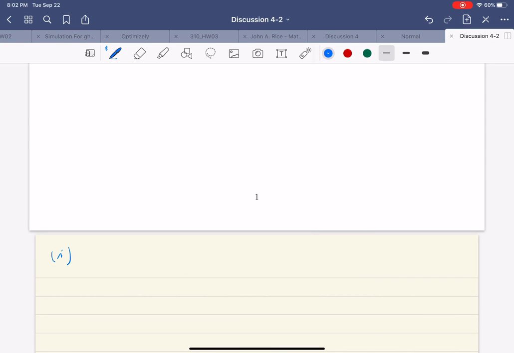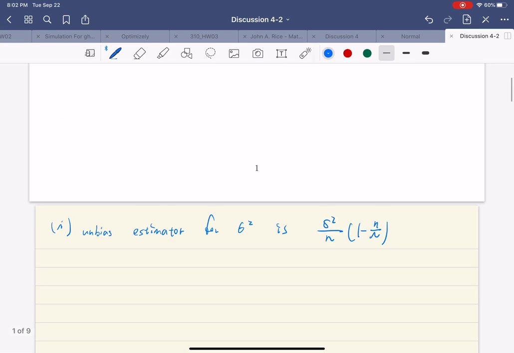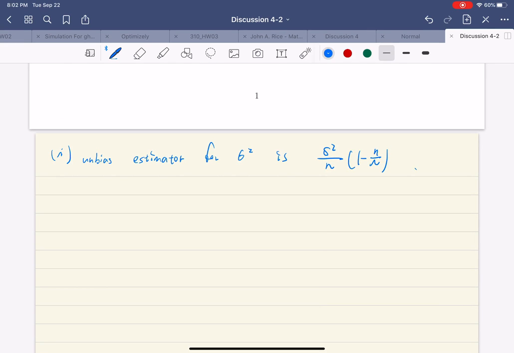Okay, question 1. So we know that the unbiased estimator for sigma square is S squared divided by n times 1 minus small n over big N. So what we have to do now is write the S squared to see what happens if the Si are 0 or 1.